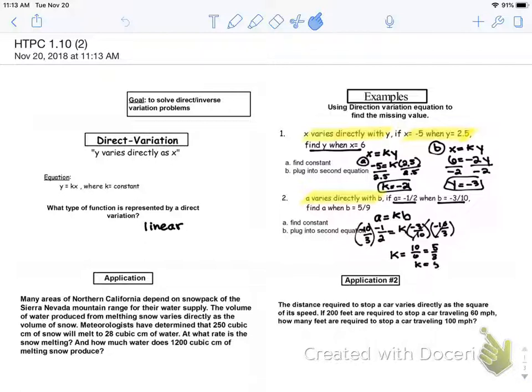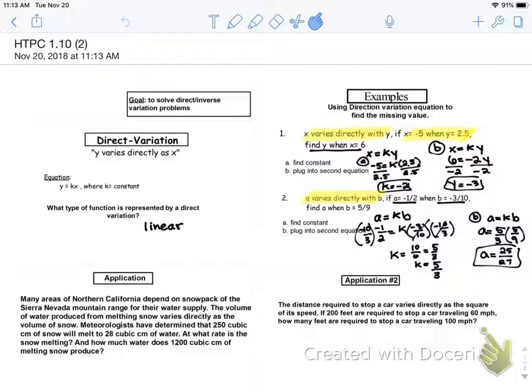I can use that information to plug it in to find A when B equals 5/9. So A is the unknown, k was 5/3, B is going to be 5/9. So what's A going to equal? 25/27. And that's it.